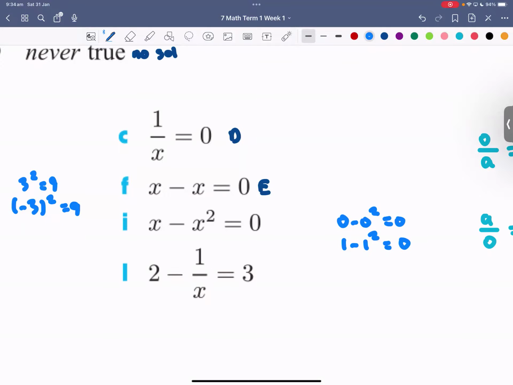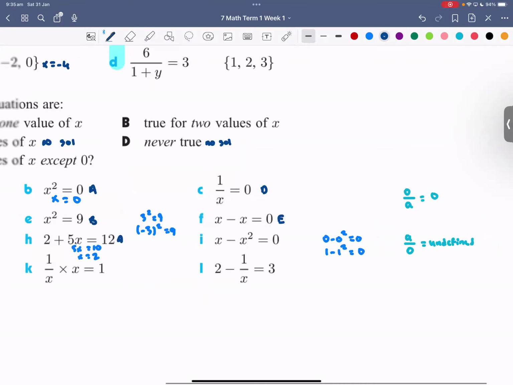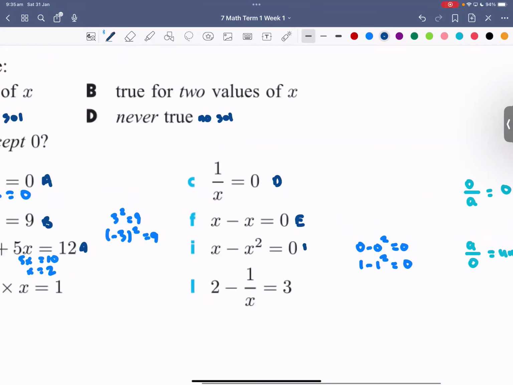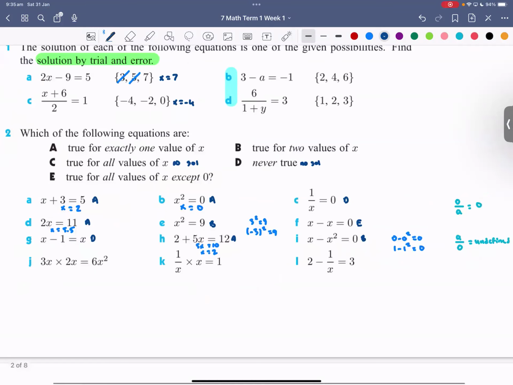Think about it. 1 minus 1 squared is 1 minus 1. And I don't know about you, but as a year 7 student, you should know how to do 1 minus 1. Alrighty. So how many answers are there? So what's actually the answer? B. True for two values of x.